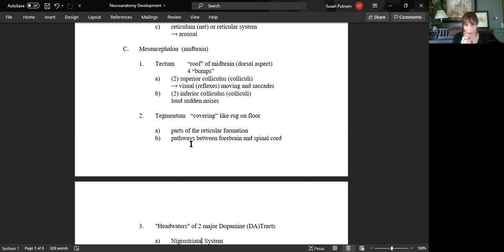And that's important, remember, for arousal, and it also contains pathways between the forebrain, which we are going to get to in a bit, and the spinal cord. So you can tell that is also very important.